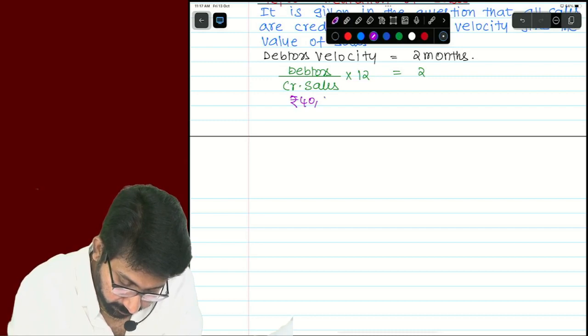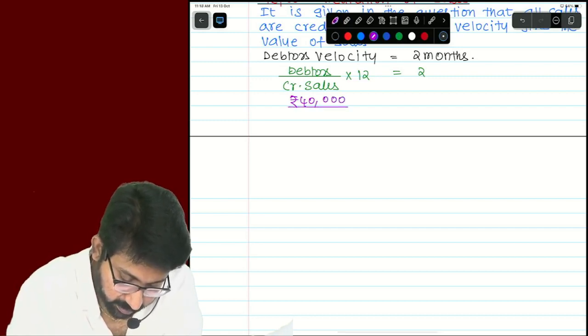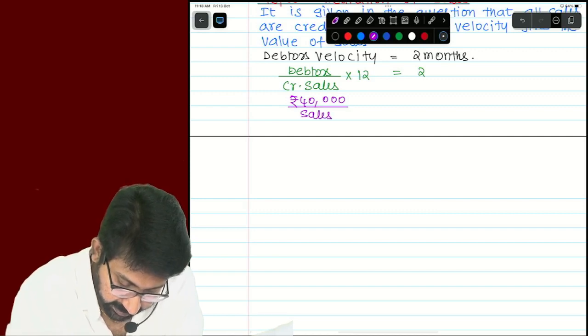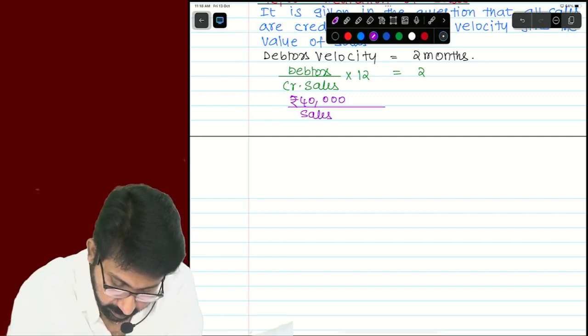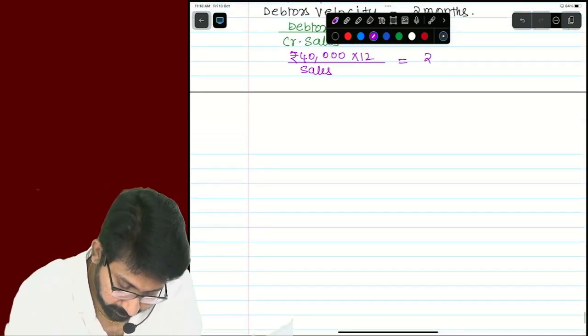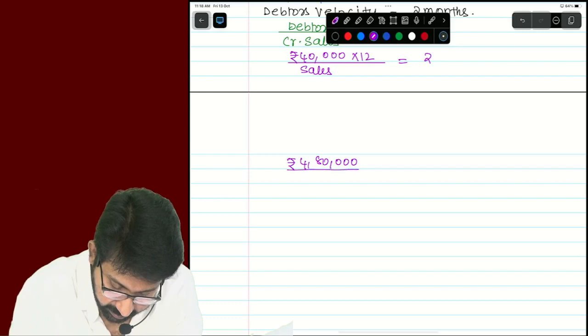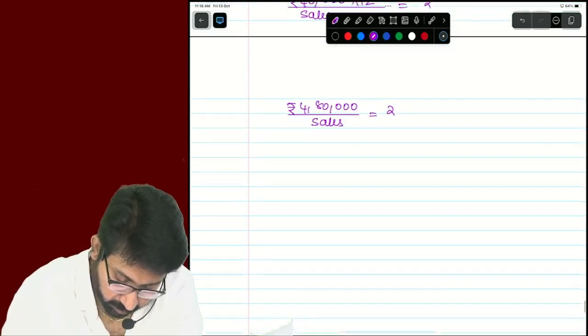Rupees 40,000 divided by sales equal to 2. Rupees 4,80,000 divided by sales equal to 2.